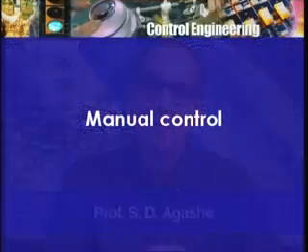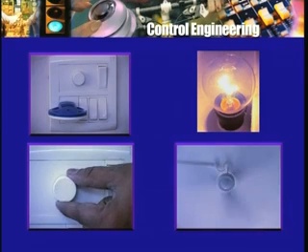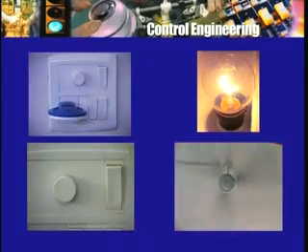In the case of the illumination control or the control of the fan, the control action was what can be called manual, in the sense you had to get up, turn the light on or turn it off, or had to turn the fan on or adjust its speed. So this is called manual control action.